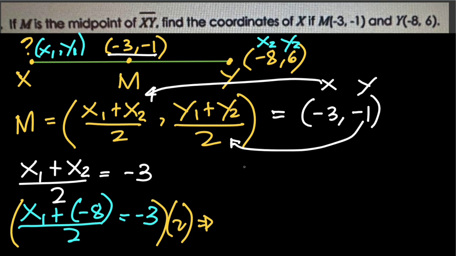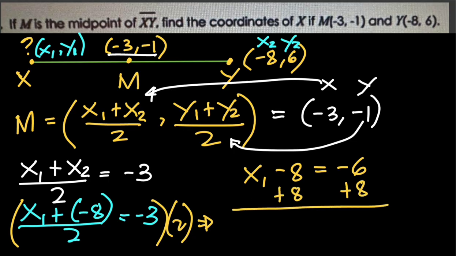So x sub 1 plus -8 is just x sub 1 minus 8 equals -3 times 2, which is -6. Then we add 8 to both sides. This cancels out. Therefore, x sub 1 is equal to 2.